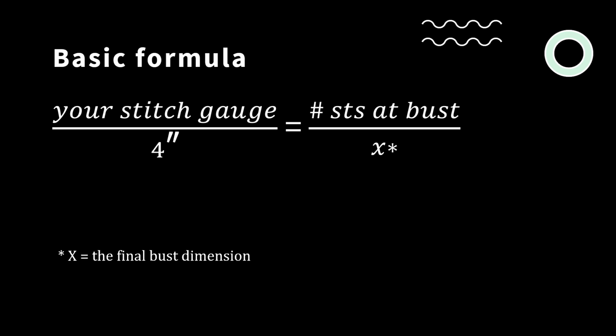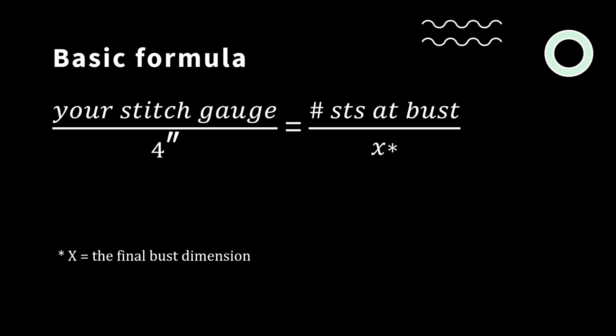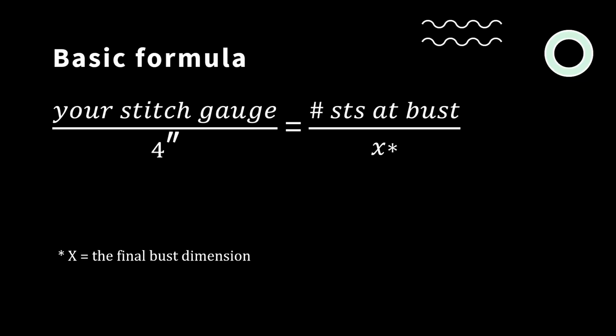That's the first ratio, the ratio we apply to the other numbers to get our X. So your stitch gauge over 4 inches or 10 centimeters equals the number of bust stitches in the pattern, the number of stitches the pattern gives you after you've split for sleeves, in the case of a top-down yoke or raglan sweater, over X. That's your basic equation, the one we're going to use over and over again today.